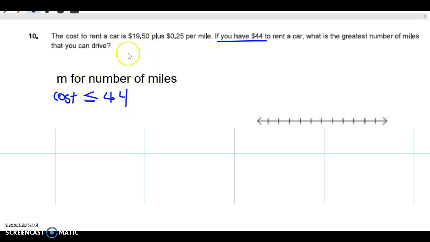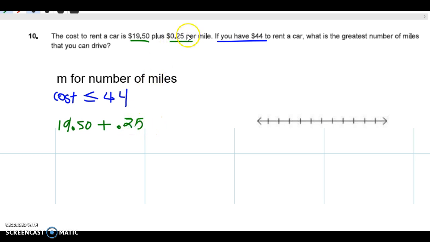Now what is the cost? Well, you have the $19.50. That's to rent the car. And every mile is 25 cents. So your initial cost, that is $19.50, plus 25 cents per mile. Now think about it.